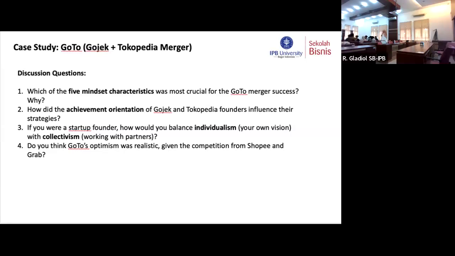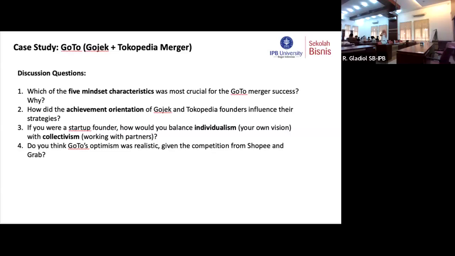Focus is also important, but without control, the merger will not happen. Okay. So you both agree the most crucial is control. Yes. Okay. How about number two?